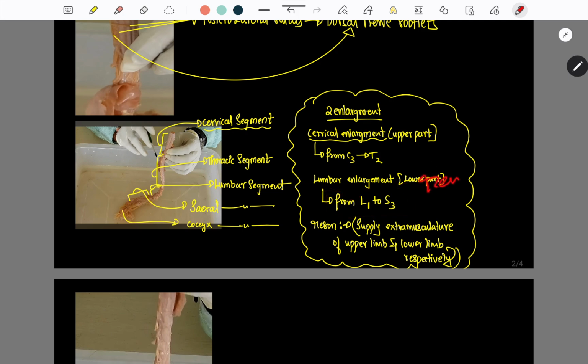Just remember. The reason for these enlargements: the upper enlargement supplies the upper limb musculature, and the lower enlargement supplies the lower limb musculature.